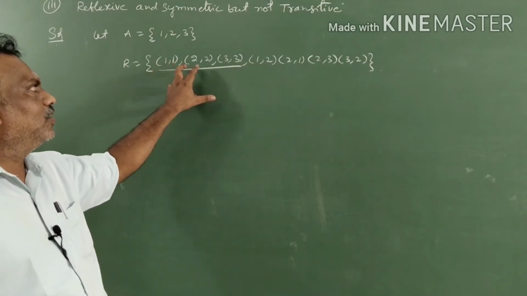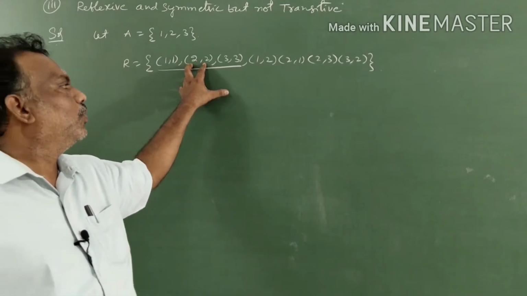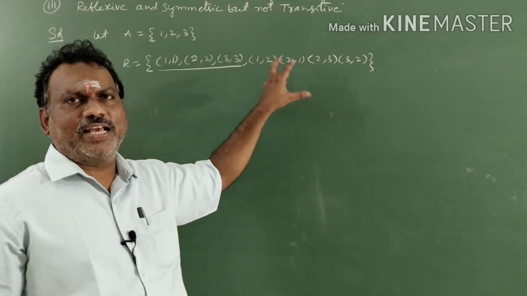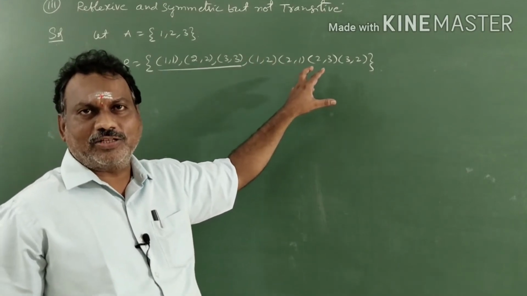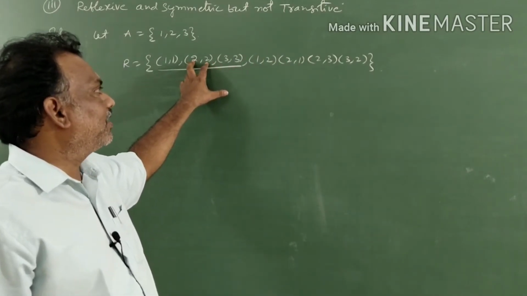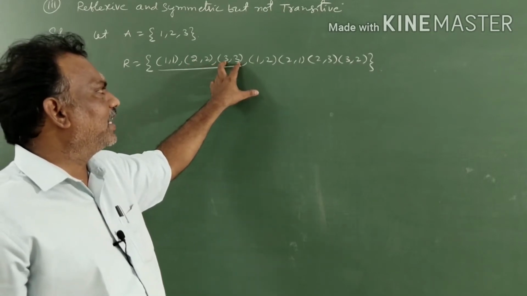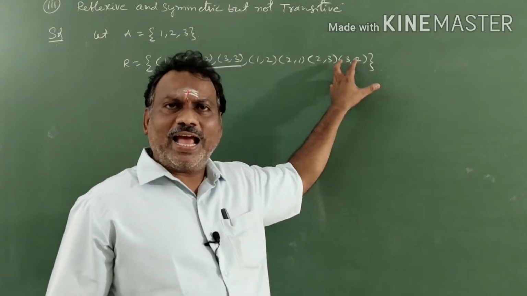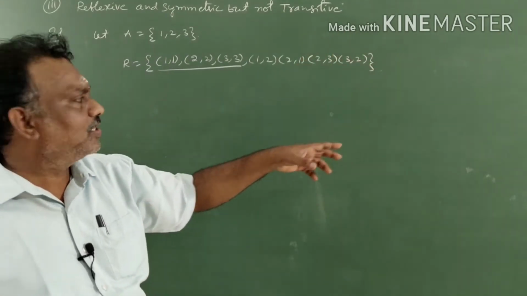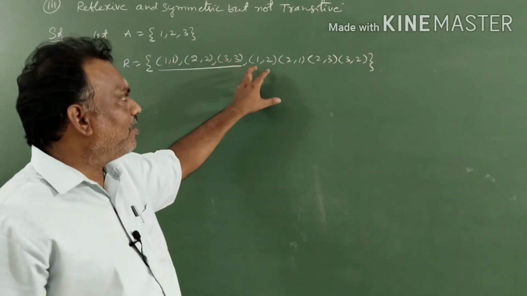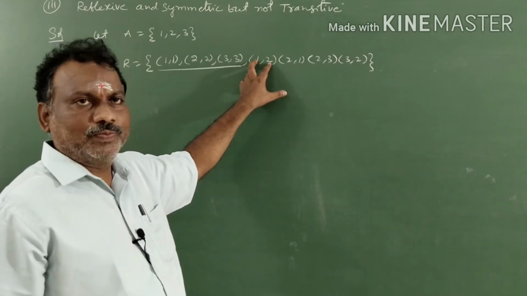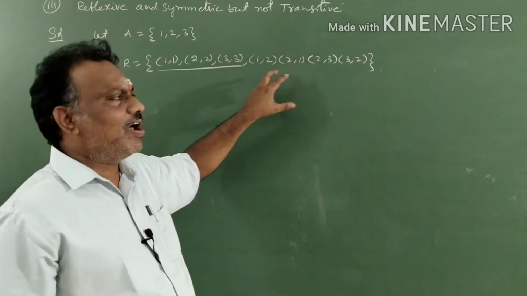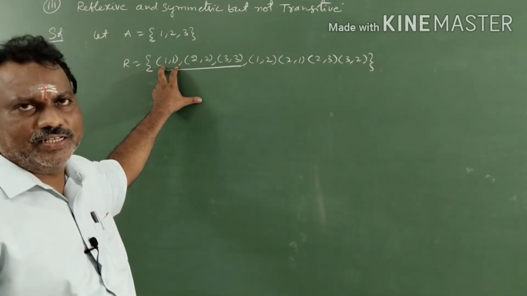Next, check (2,2) as (a,b), (2,1) as (b,c), again (2,1) as (a,c), so it exists. Transitive exists for the (2,2) pair. Now check (3,3) as (a,b), (3,2) as (b,c), again (3,2), so transitive exists. Now check (1,2) as (a,b), (2,1) as (b,c). What is (a,c)? (1,1) exists, so it is also transitive.